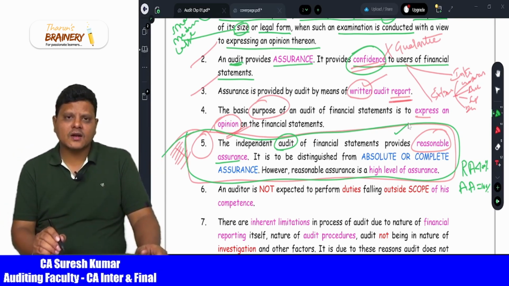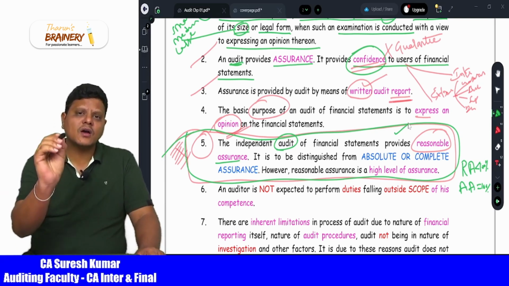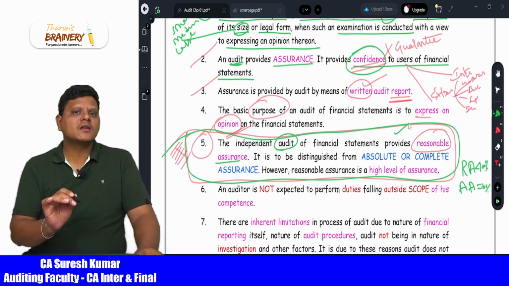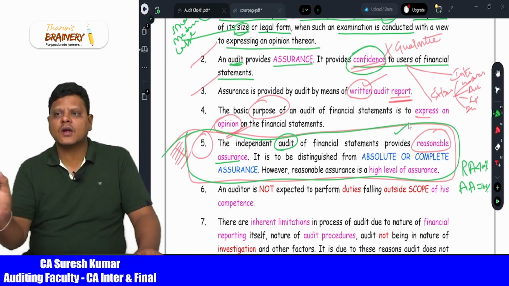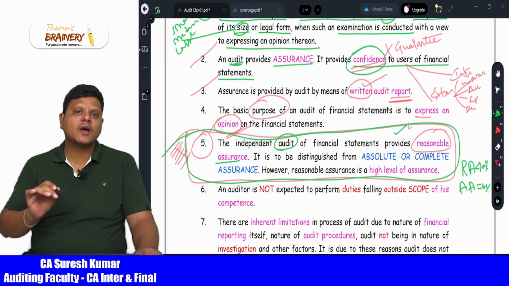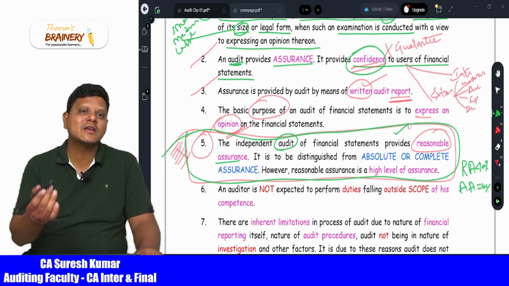So whenever the auditor gives the opinion, it means I am only giving reasonable assurance. What is the meaning of reasonable assurance? The auditor is not going to give 100% assurance. What is 100% assurance? Absolute assurance. Why is absolute assurance not possible for the auditor? Because of various limitations.